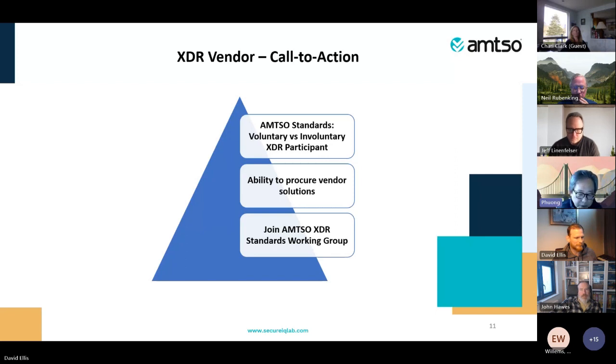Obviously, when you build a product, you sell the product and do a proof of concept with the customer, but every customer environment is different. Some may require more emphasis on identity and access management solutions. Others might require more emphasis on EDR or endpoint solutions, or cloud security, and so on.